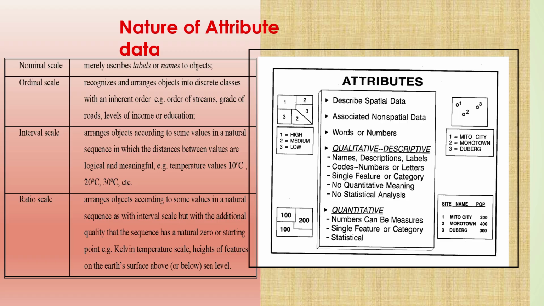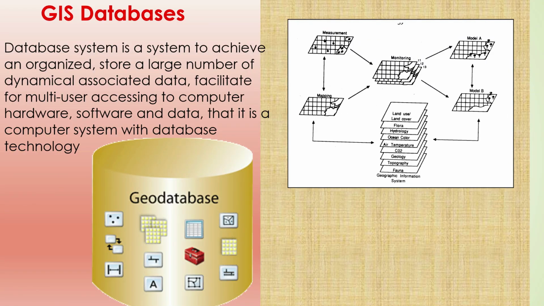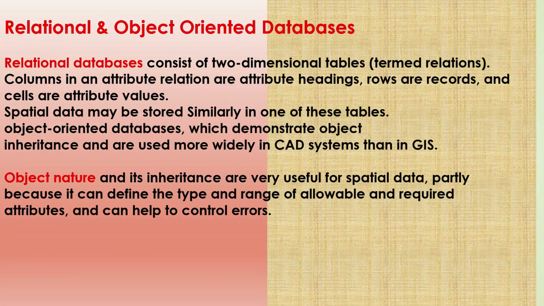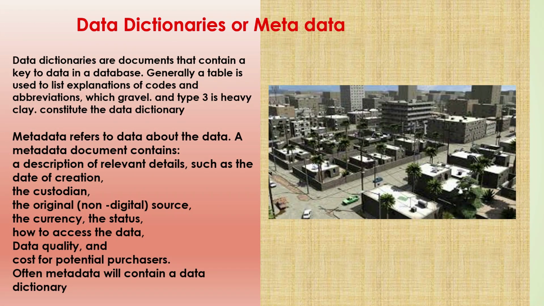Another thing we need to talk about in GIS is the data dictionary or metadata. This is very, very important to GIS database development. Data dictionaries are documents that contain a key to data in the data set.